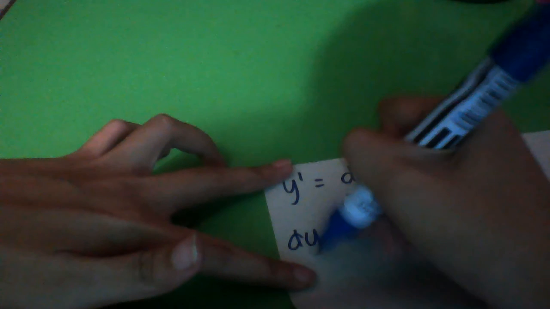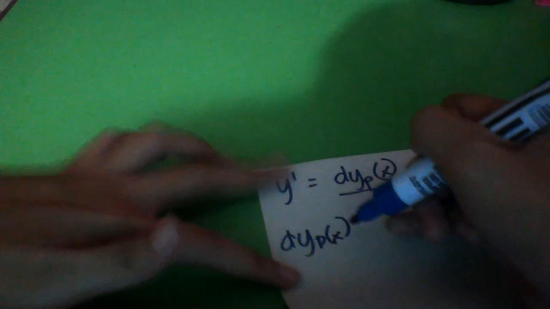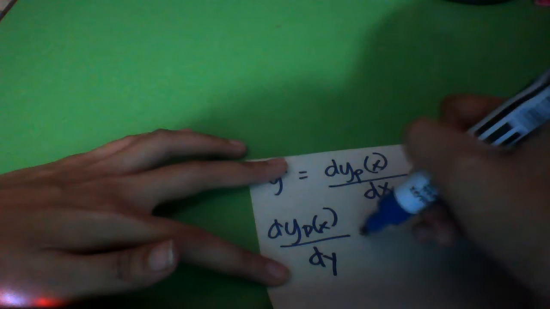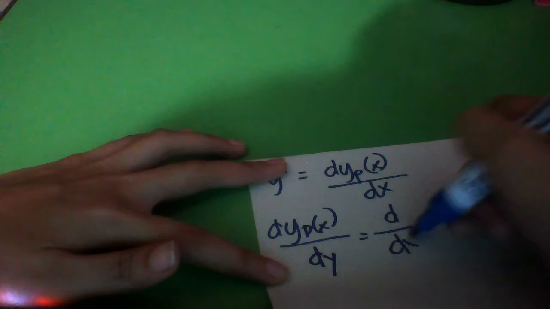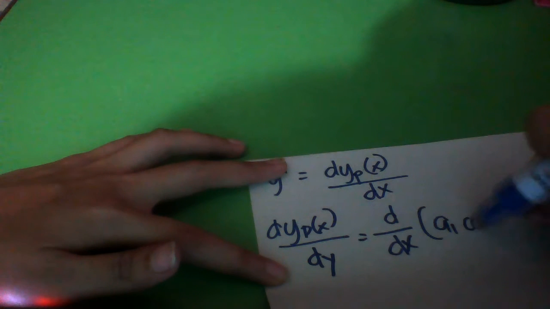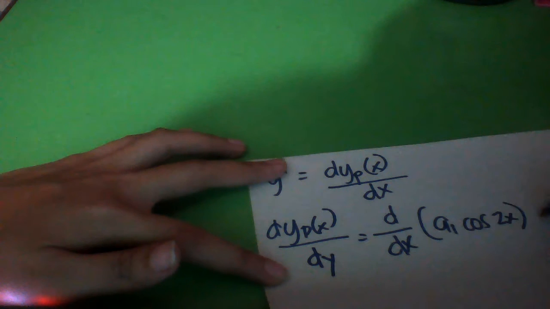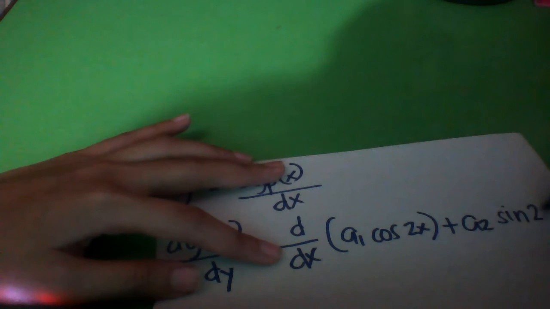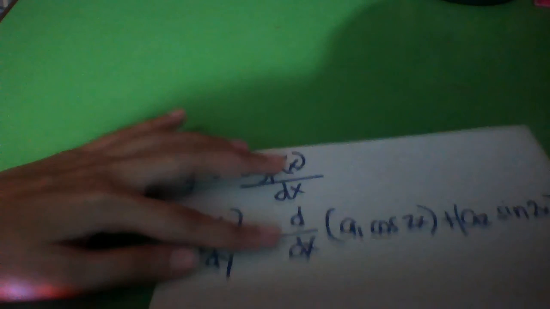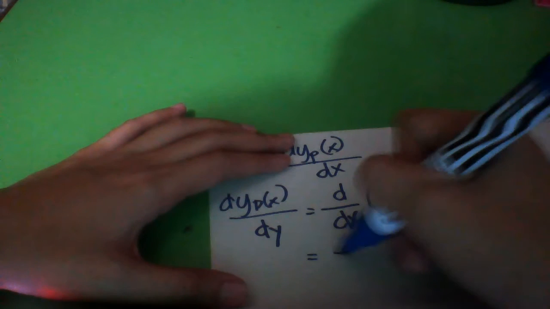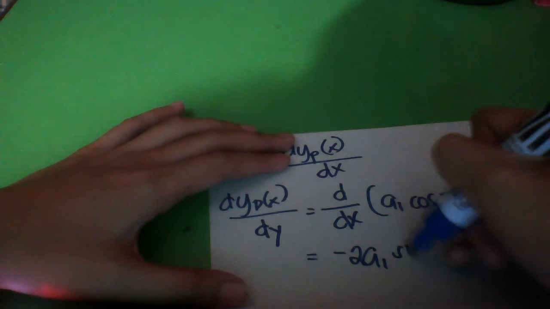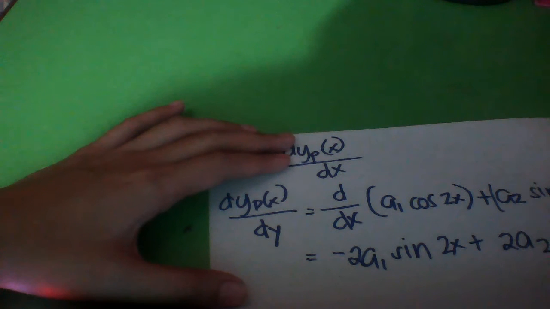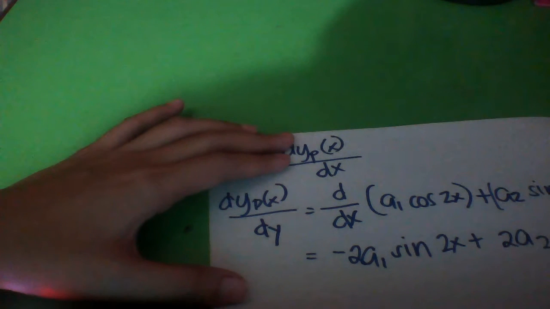So dy p of x over dx is equal to d over dx times (a1 cosine 2x plus a2 sine 2x). It will equal negative 2a1 sine 2x plus 2a2 cosine 2x.